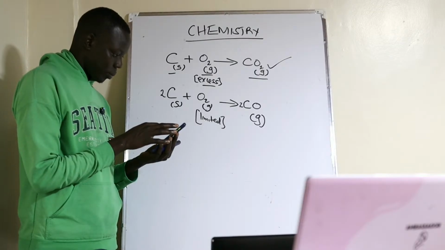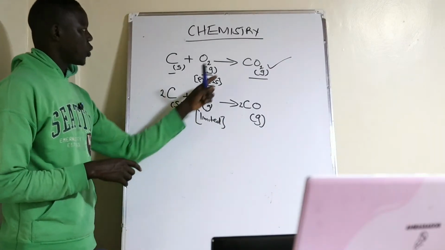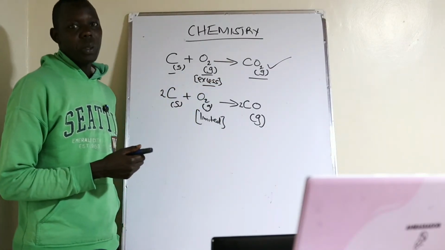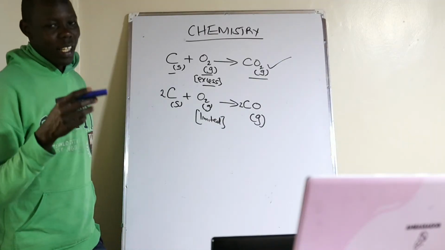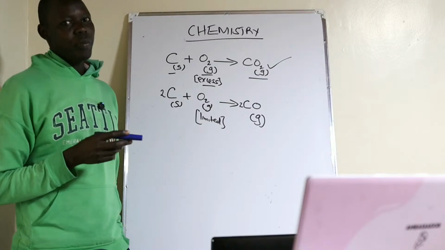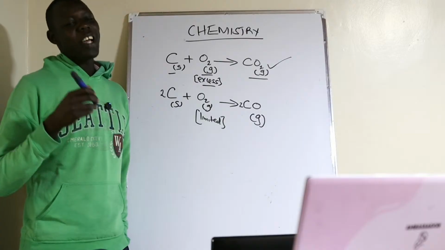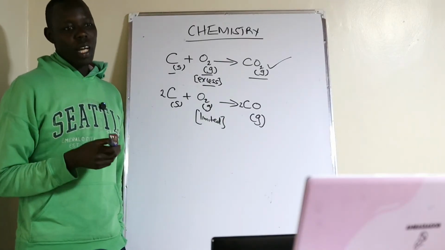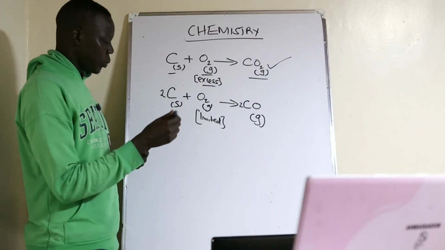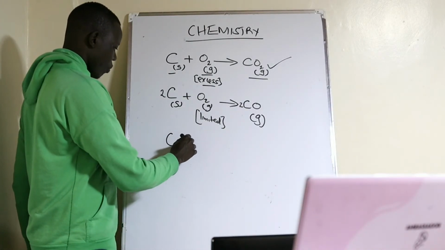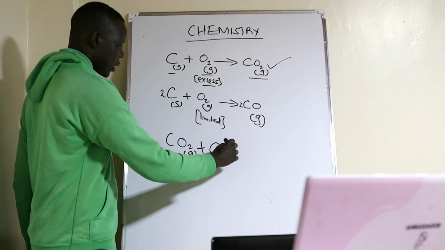So what I'm saying is that this CO2, in Form 1, you are told that if you want to confirm that a certain gas is CO2, the confirmatory test for carbon dioxide is to pass it through lime water or calcium hydroxide. It forms a white precipitate. So we can write an equation like CO2 gas to react with calcium hydroxide.